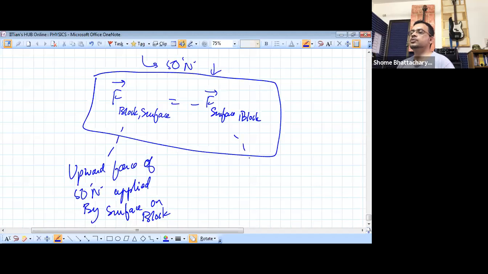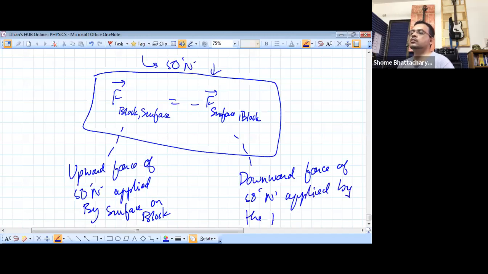And that is equal and opposite to the downward force, the vertically downward pressing force of 50 newtons applied by the block on the surface. The block is pressing the surface downwards, so the surface is reacting by applying a normal reaction upwards. So this is your second part's action reaction.